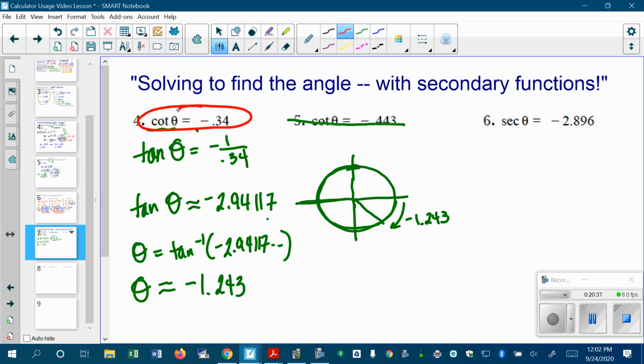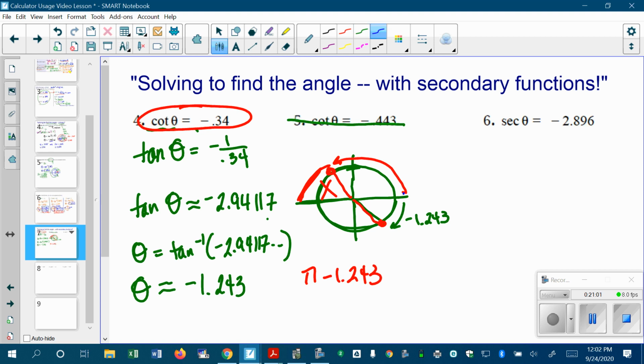And I know that that means I need an angle in this quadrant, but also the same reference angle, but in this quadrant. Oh, I'm such a bad drawer. You guys must miss Mrs. Fry. Okay, so this angle is going to be like going all the way to pi, but not that last part. Okay, so I need pi minus 1.243.